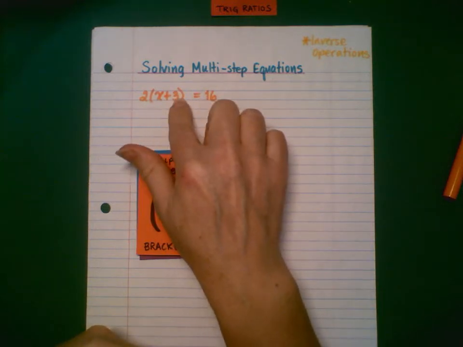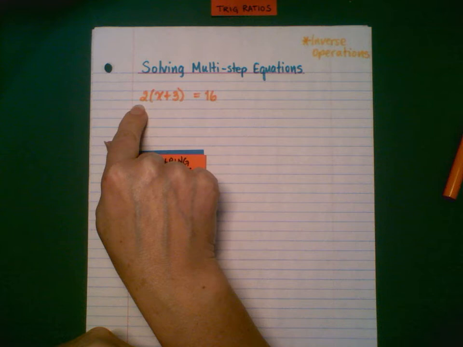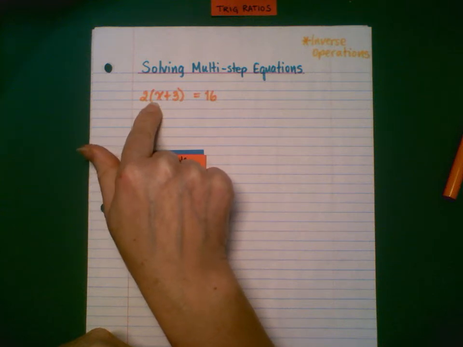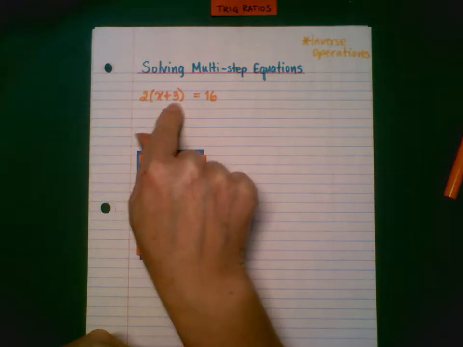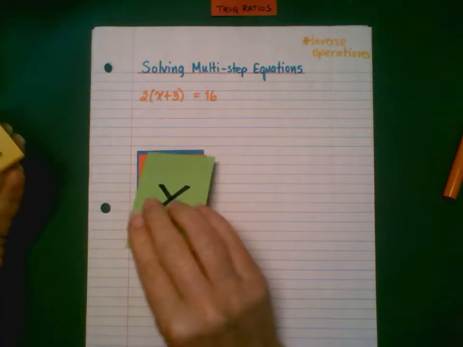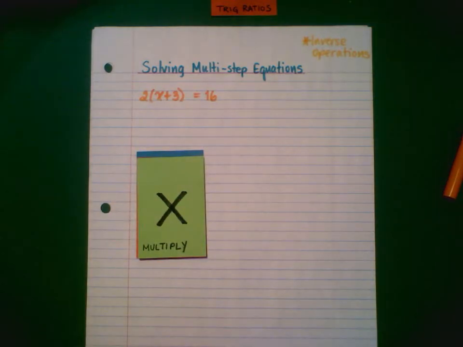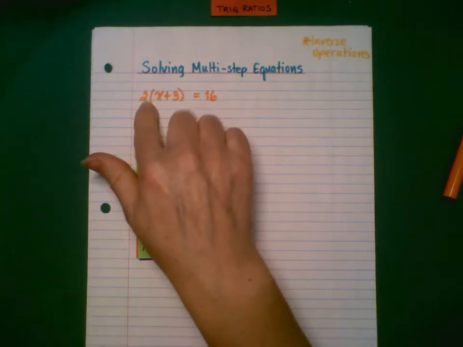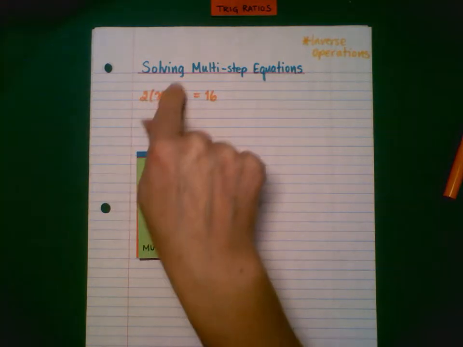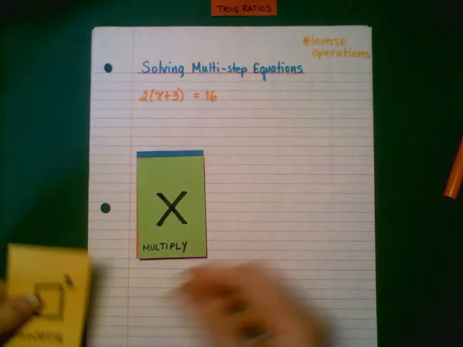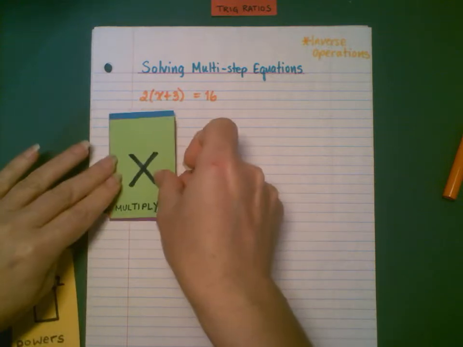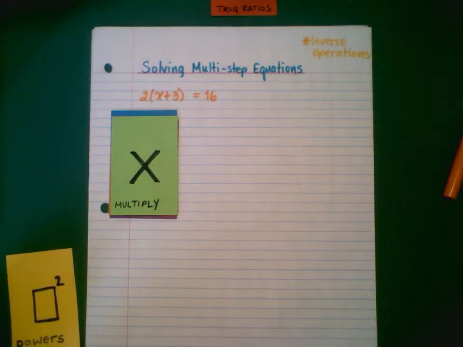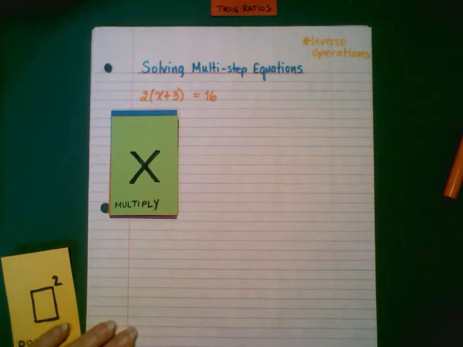The brackets indicate that this multiplier of 2 does not just apply to the x, it's 2 times everything in those brackets. So it's a multiplication that is a coefficient in front of a group. That's my stacked representation of what's on the left-hand side of my equation.